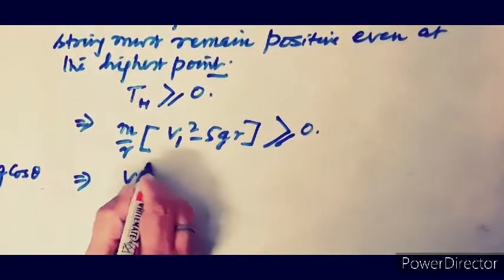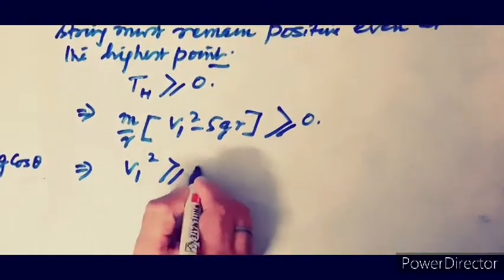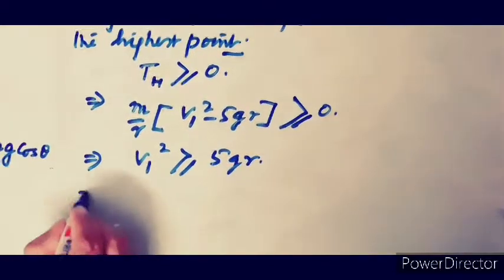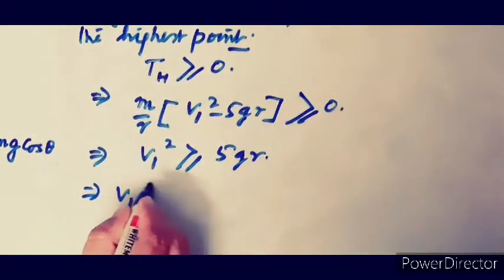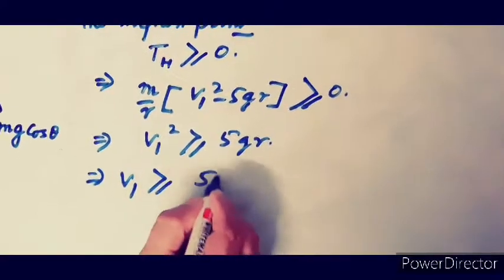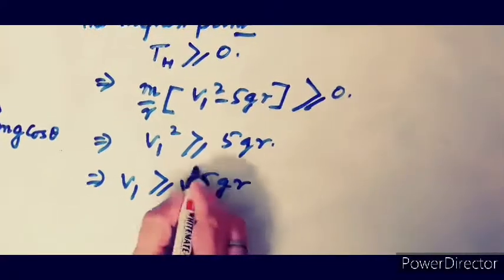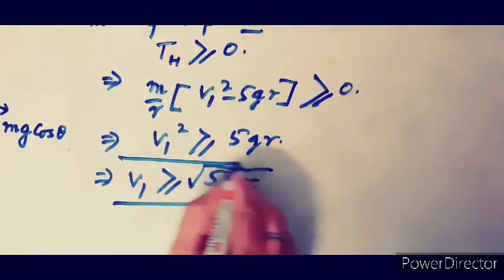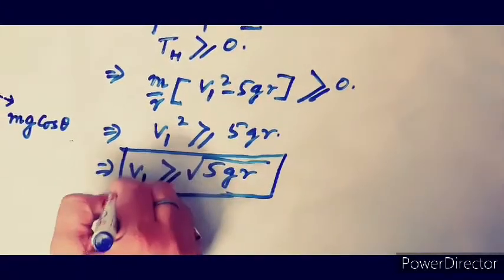So v1 square should be greater than or equal to 5gr. So v1 should be greater than or equal to 5gr under root. That is the speed. Very, very important.